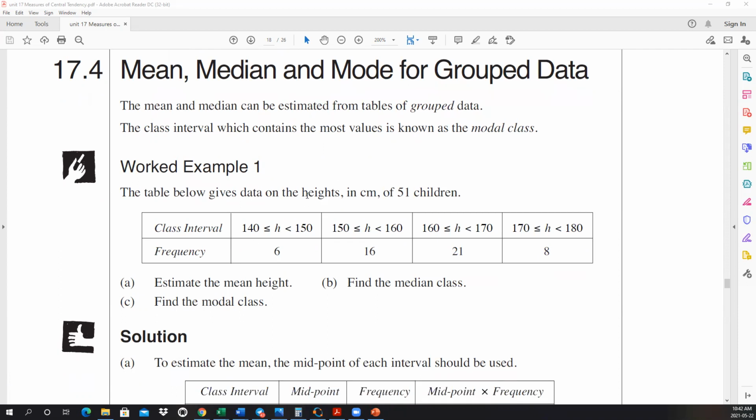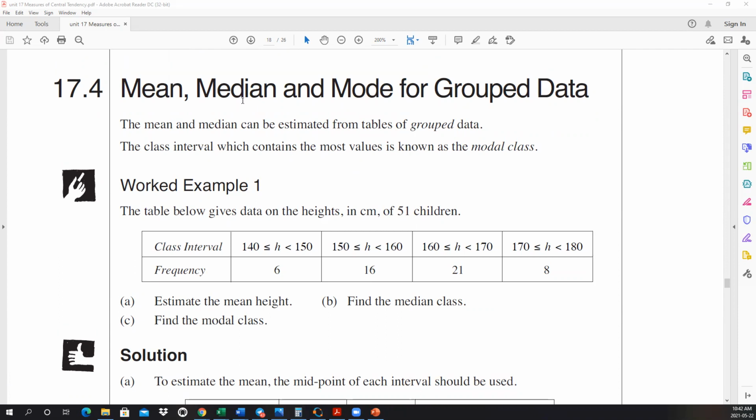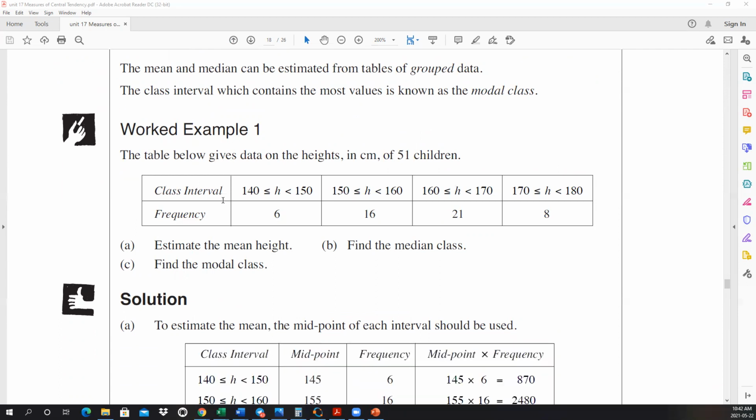Now, remember when we were looking at the mean, median, and mode before, near the beginning of this topic, we can just recall that the mean is basically a simple average. Median is the number in the middle of a set of ordered numbers, right?